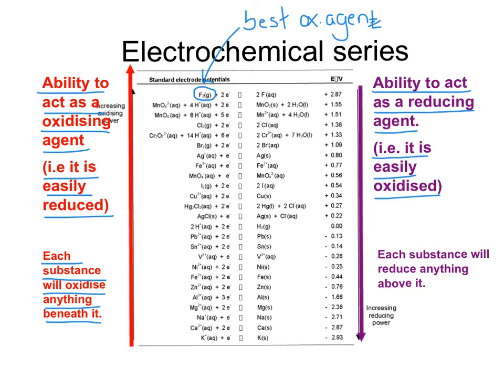Now if I go then and I look for the best reducing agent, so if the best oxidizing agent was F2 then, the best reducing agent, the one that is most easily oxidized, will be this potassium down at the bottom.